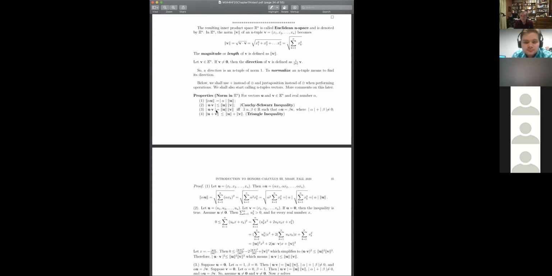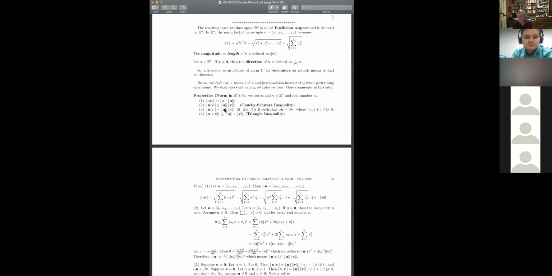All right, this one says when I have equality, then one vector is a multiple of the other. So when I have the inequality here, now again, if you know that cosine rule from last semester, if you get equality, that says the cosine is 1.